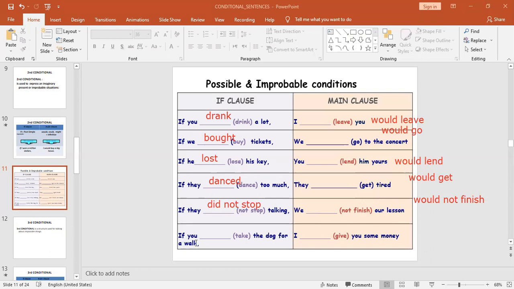The last sentence, if you take, if you took the dog for a walk, because it is in the past, second conditional, I would give you some money.